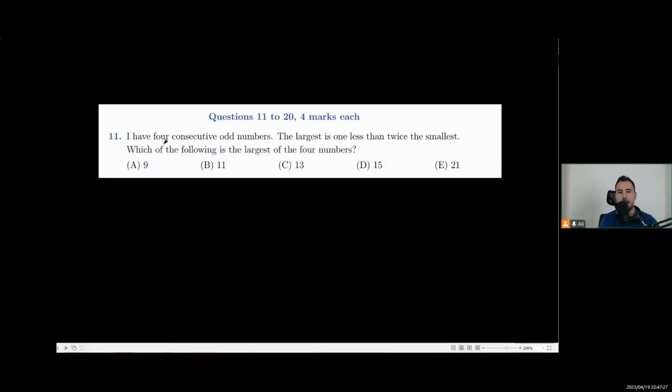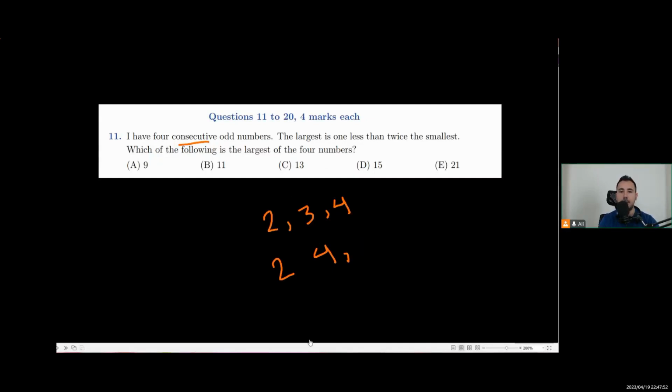Question 11. I have 4 consecutive odd numbers. The meaning of consecutive is in counting order. For example, 2, 3, 4 are consecutive, because that's how we count. But if I write 2, 4, 5, I missed 3, so it's not consecutive.